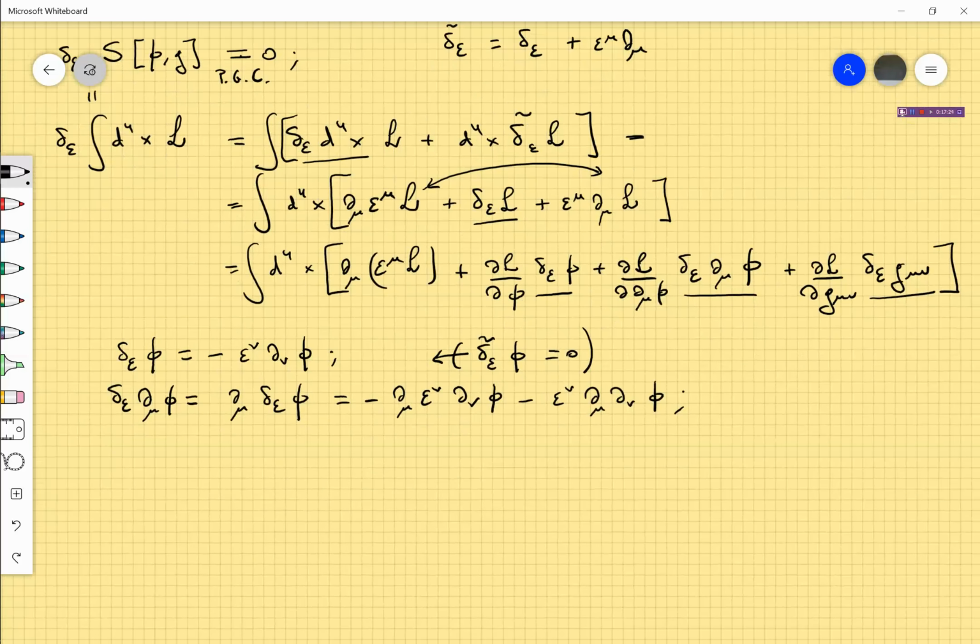Okay, finally we need this variation. This is a bit more complicated to get, but you can do it in a similar way to this one, in the following sense. This is the transformation, after all, of a covariant vector field, or a one form, which is this one here. Basically you expect a general term like this for any covariant tensor, but you expect a term like this for every covariant index.